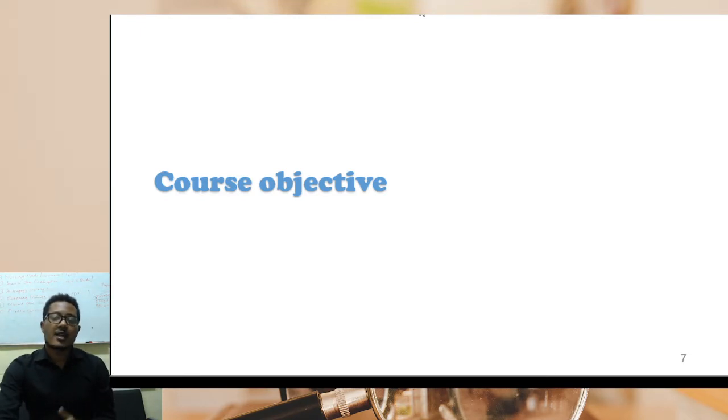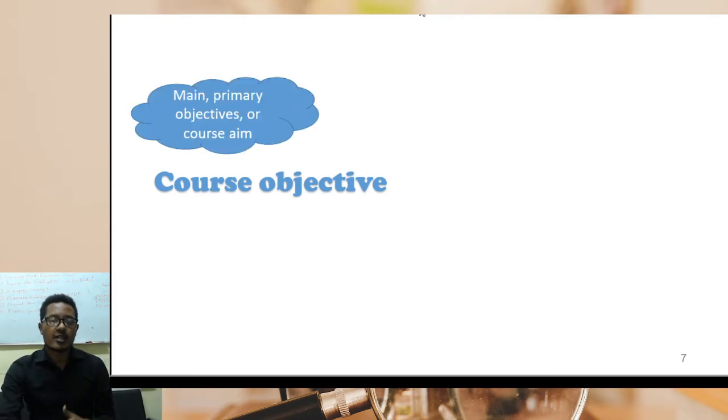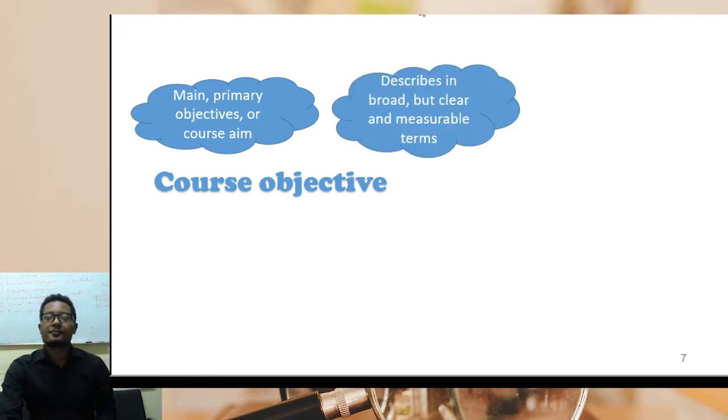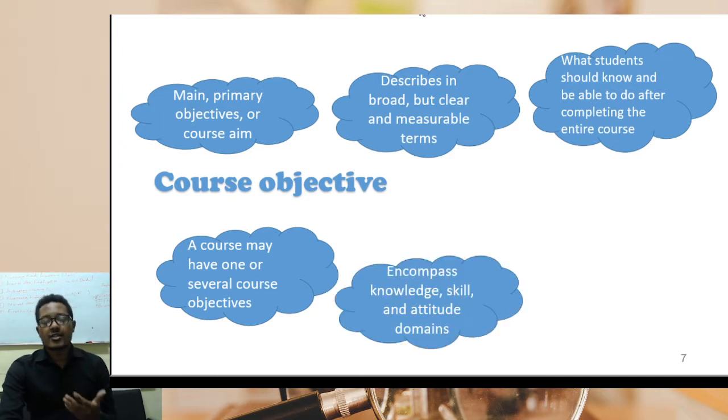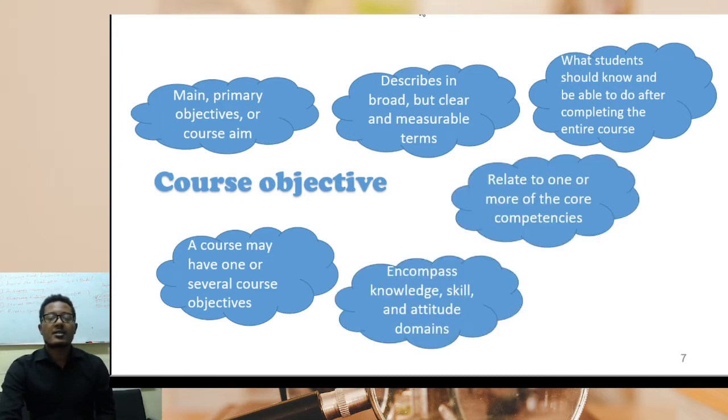Course objectives are similar to the general objective in research writing. It states the main aim of the course in a broad context, but in measurable terms. It also clearly states what students should know by the end of the lesson, and it will encompass the expected knowledge, skill, and attitude domains.